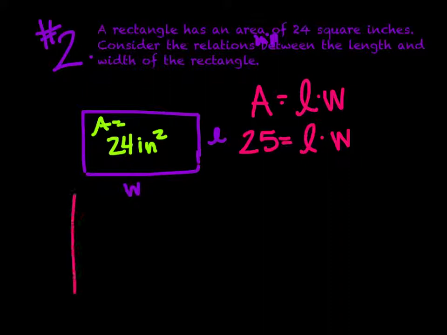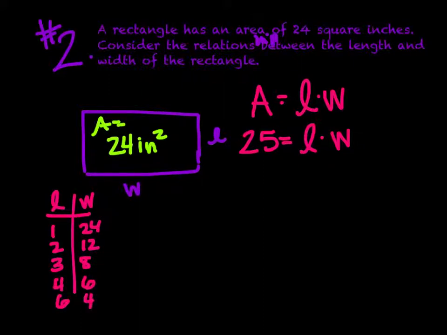If I think about this sort of situation, if I have a fixed area, my length and my width are going to sort of seesaw back and forth. We'd have a length of 1 and a width of 24, a length of 2, a width of 12, 3 and 8, 4 and 6, and then it would be 6 and 4, and it sort of seesaws.